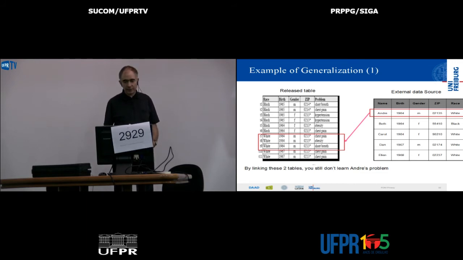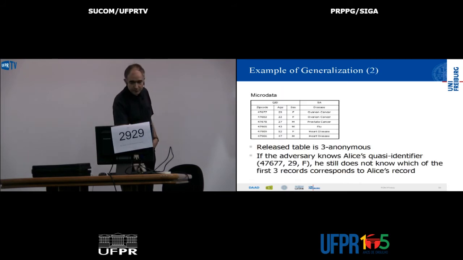You can't really find out whether Andre is one of them, although everything's correct. 64, male, zip code. Andre here has the 02135. Okay, take the 5 away. Andre could be any of the 3. So linking is no help. Protection, super.